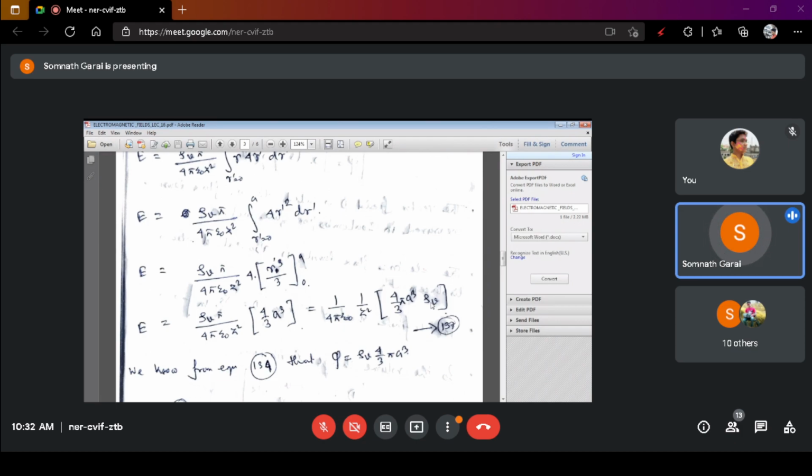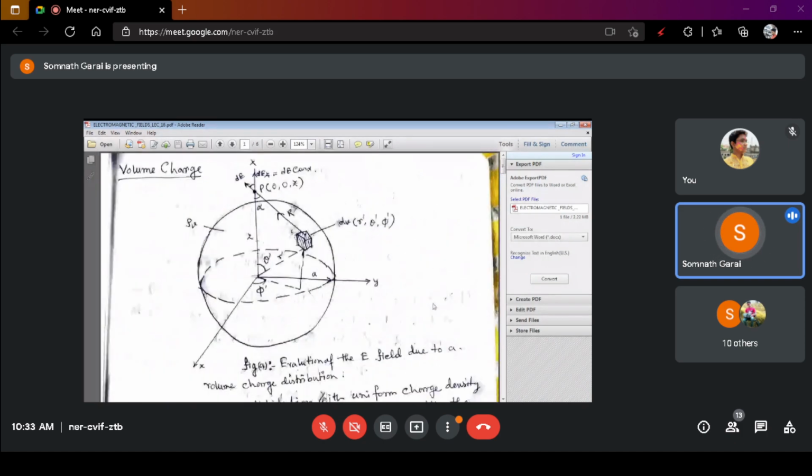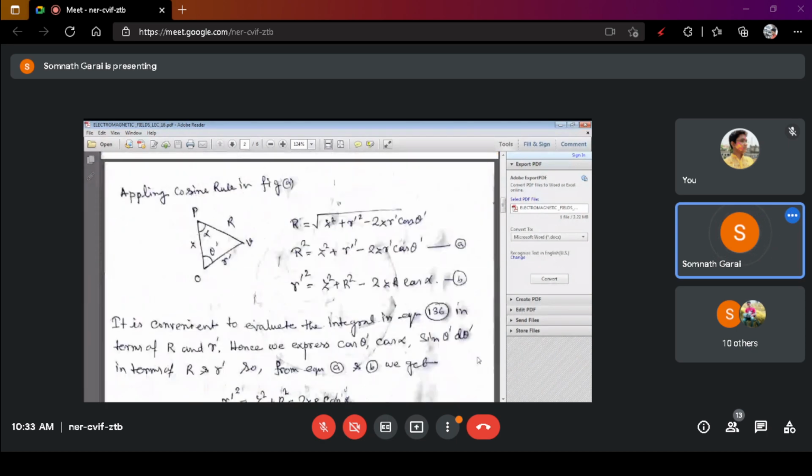So we have already calculated this amount. It is already calculated exactly as in the first equation, this one, equation number 134. So 4 by 3 pi A cubed rho V is equals to Q, right?